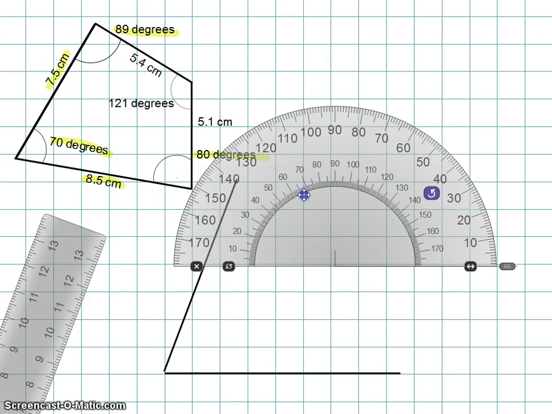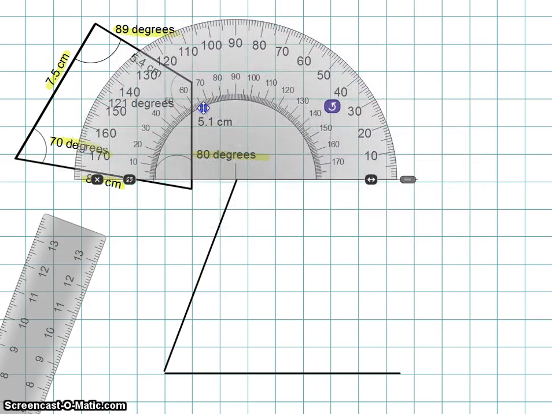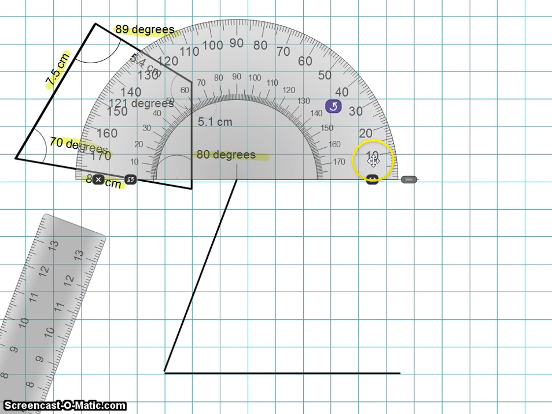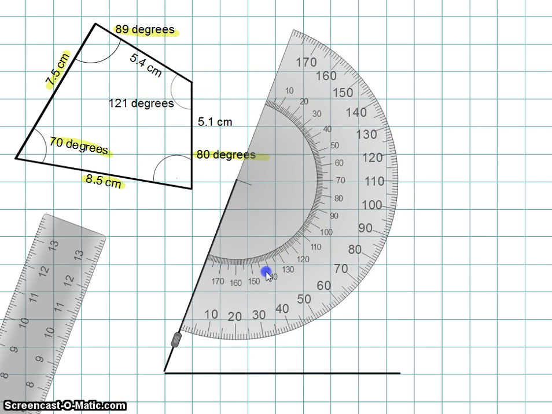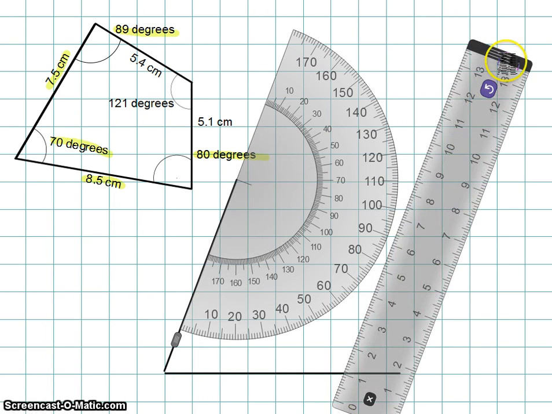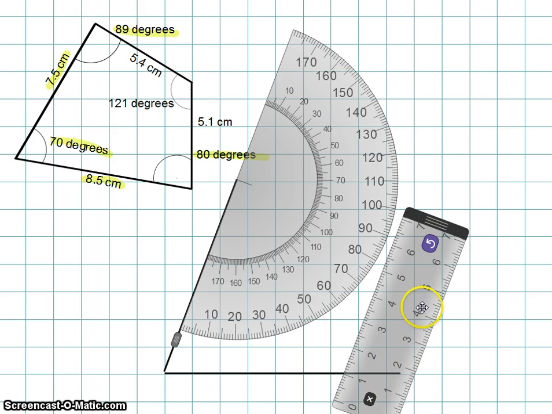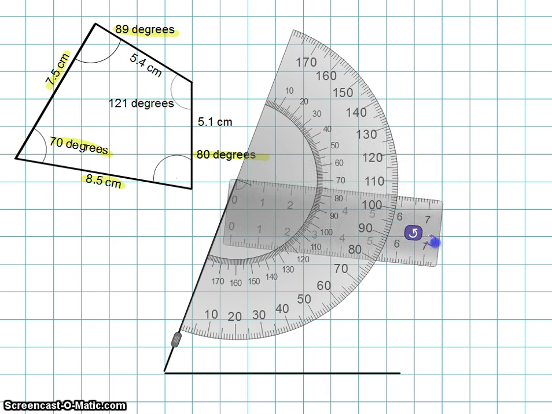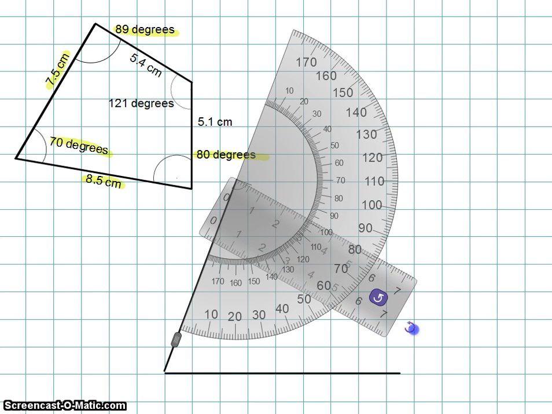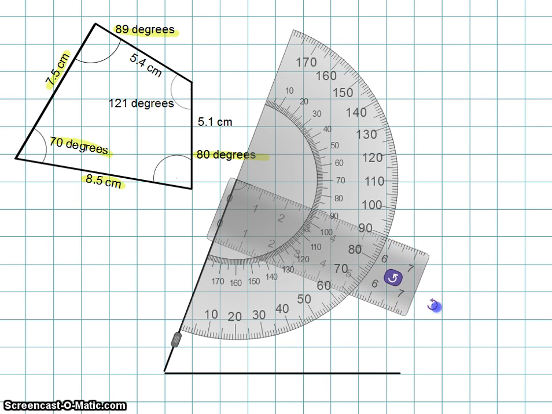So I am going to bring my protractor there, turn it around, and then I'm going to position my ruler so it's at 89 degrees, which is right there.